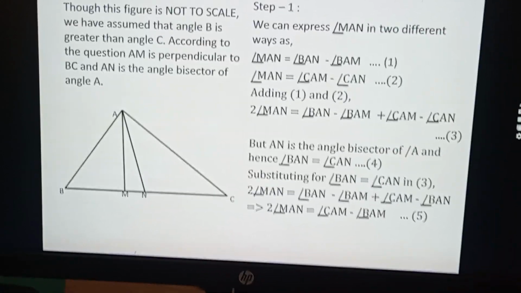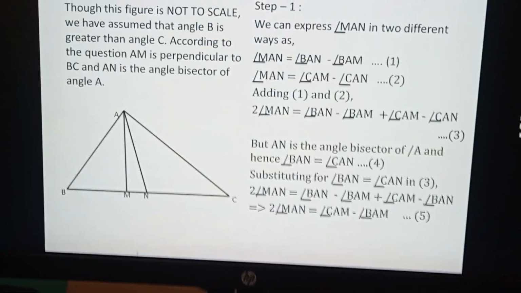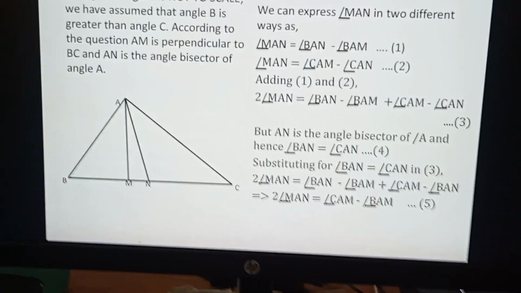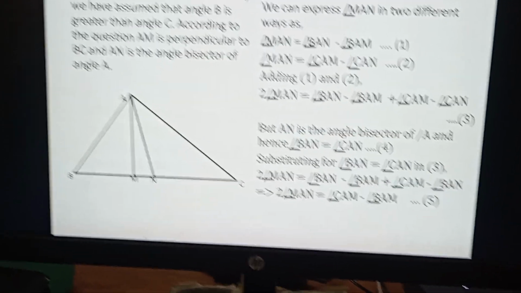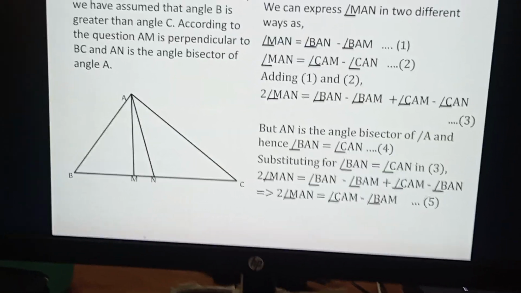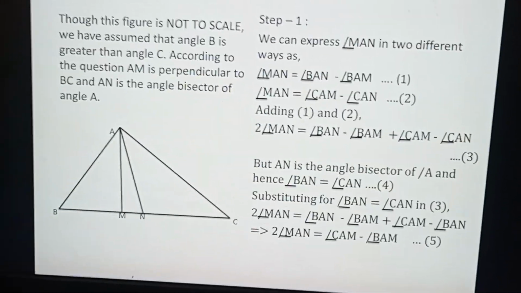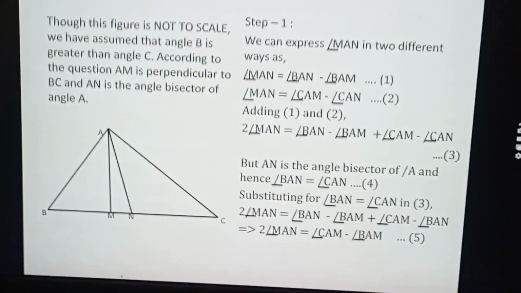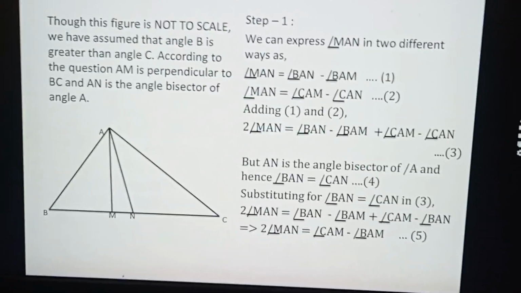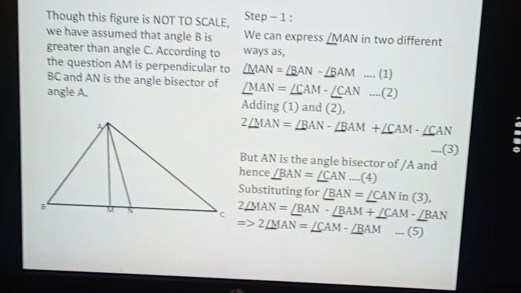Let us call this equation number 1. Now go to the right hand side of the figure. Angle MAN again can be expressed as angle CAM minus angle CAN. You can refer to the figure for a better understanding.